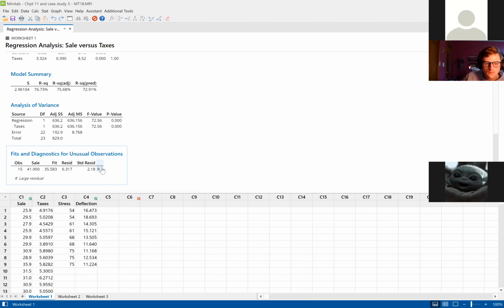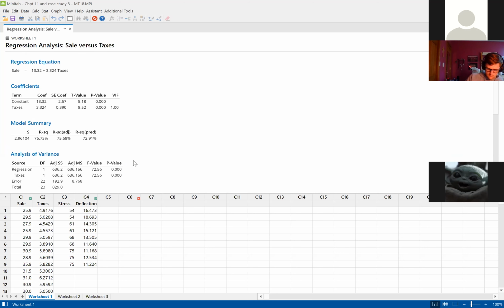It means that the residual for this model is typically 2.18, but for this individual data point, it's 6.317. That's a lot larger than the standard residual. So it's possible that this observation should be excluded because it's not really a good fit for the overall data.